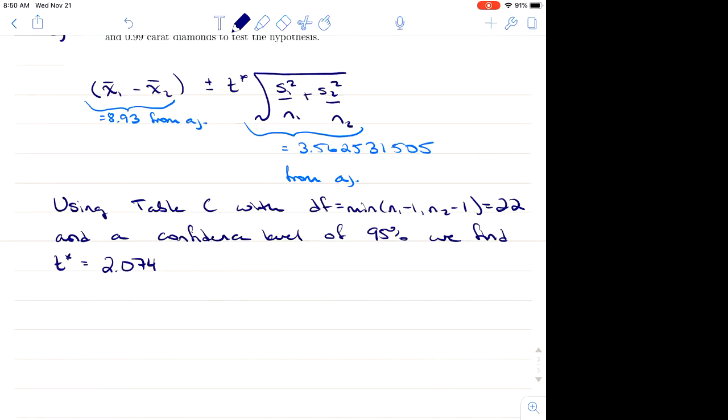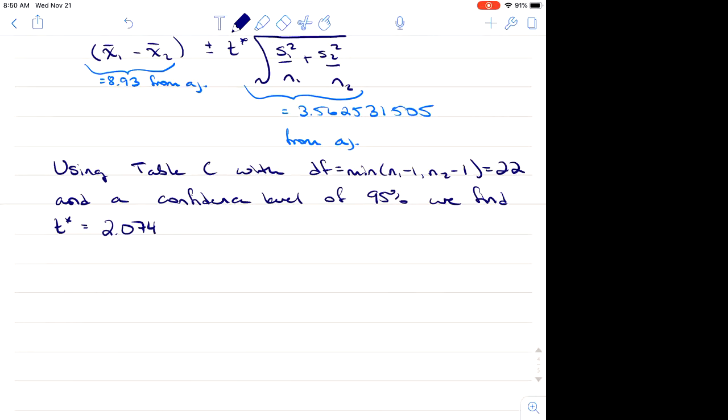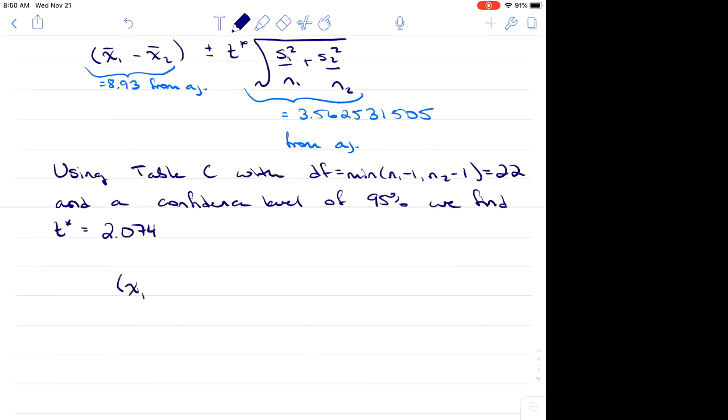Great. So now we can piece together this confidence interval. So we have, I'll just write it again. You don't have to. X1 bar minus X2 bar plus or minus T star times the square root of S1 squared over N1 plus S2 squared over N2.